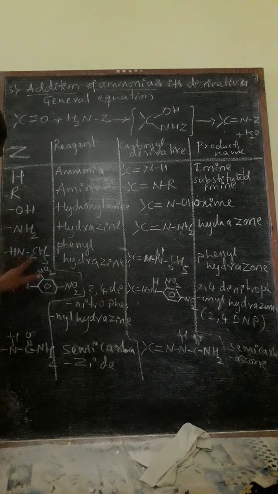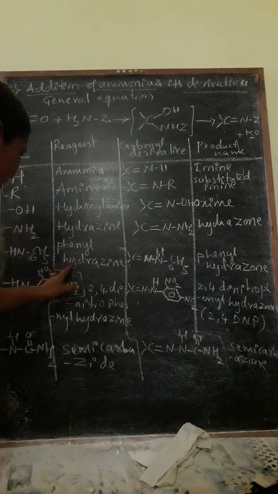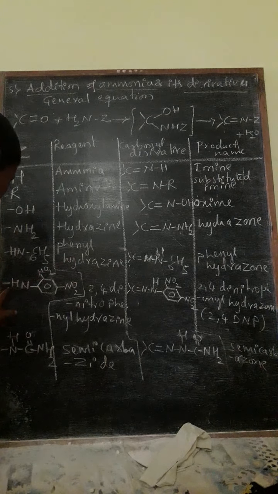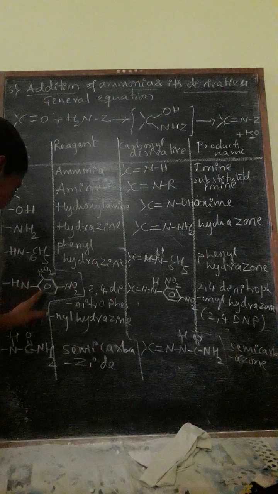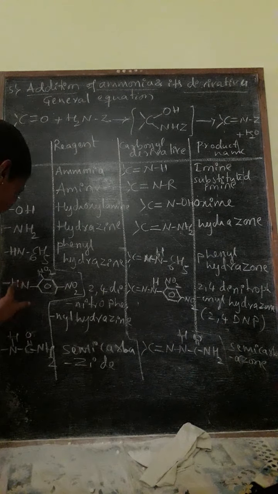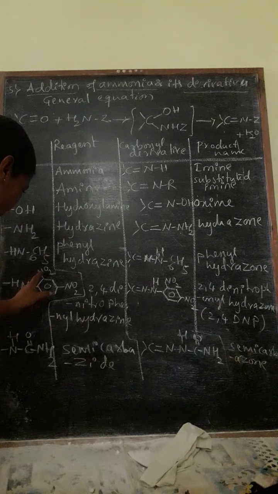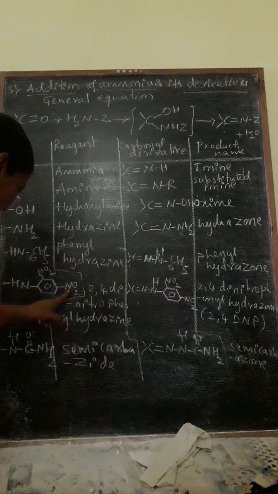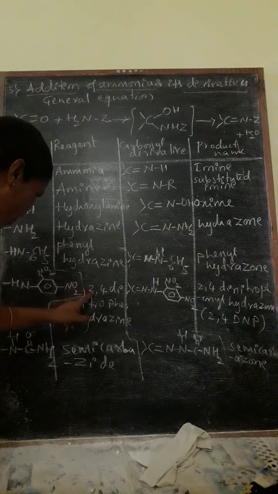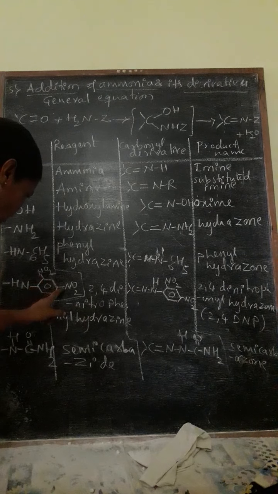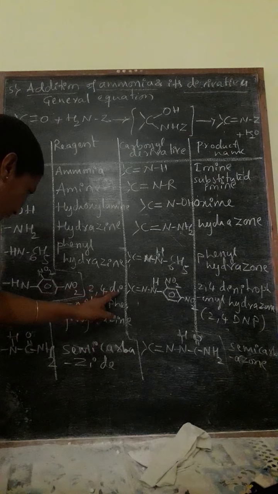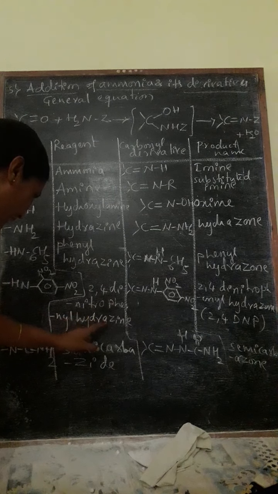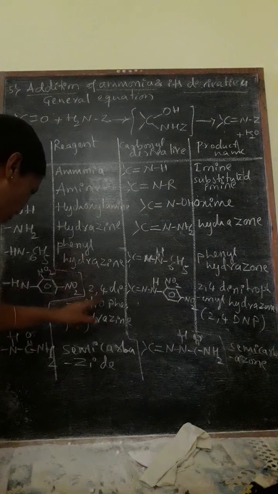Next, Z is C6H5NH, it is known as phenylhydrazine. Next, Z may be C6H5NH with a nitro group on position 2 and a nitro group on position 4. Hence, its name is 2,4-dinitrophenylhydrazine. What is the difference between these two?